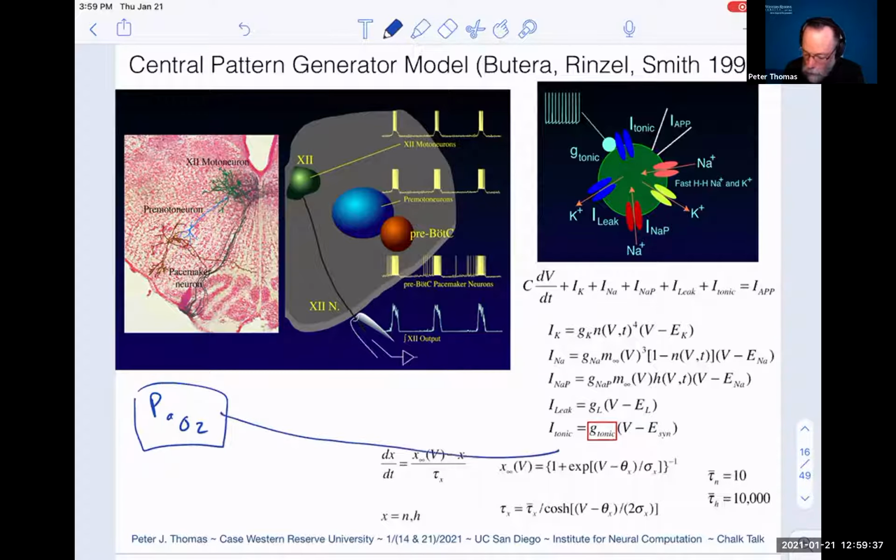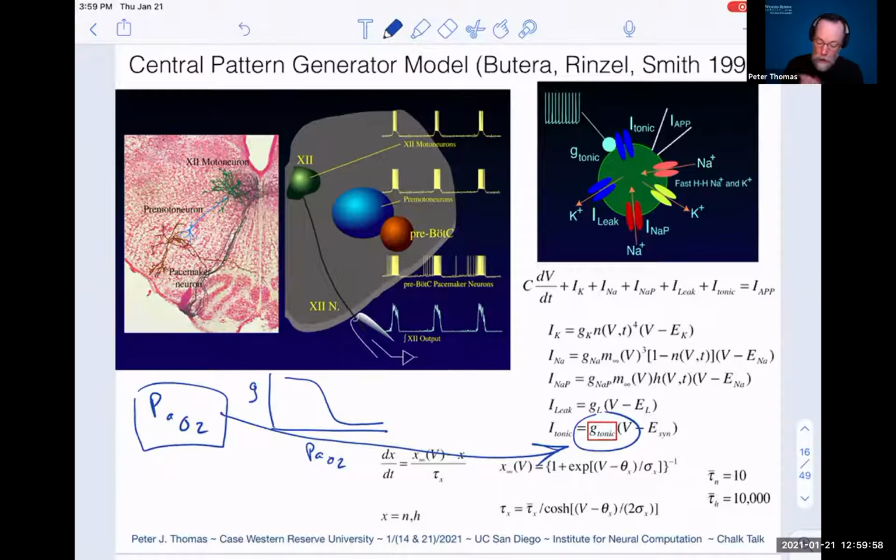It's going to be fed through a sigmoid function. So here we have PaO2, and then we have our tonic conductance. This tonic conductance is what closes the feedback loop.